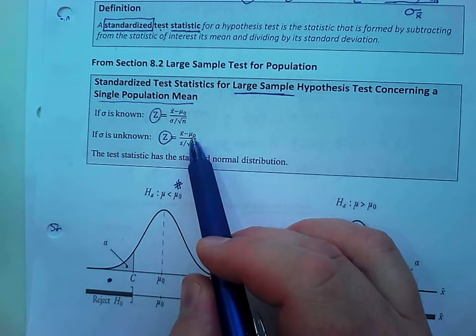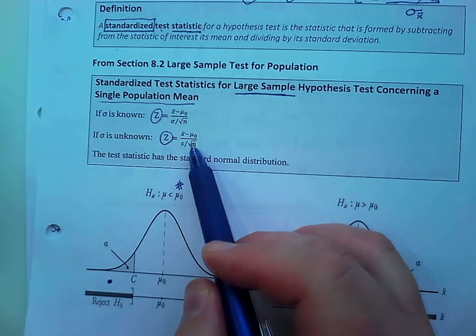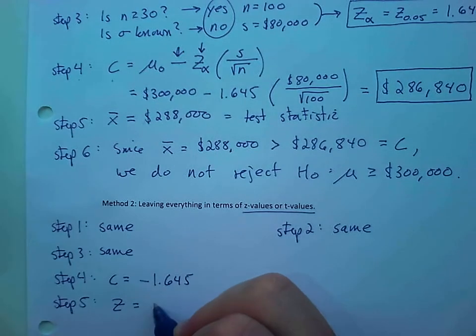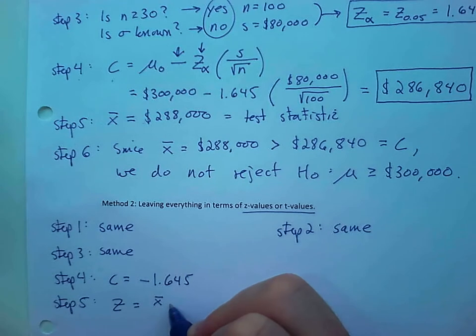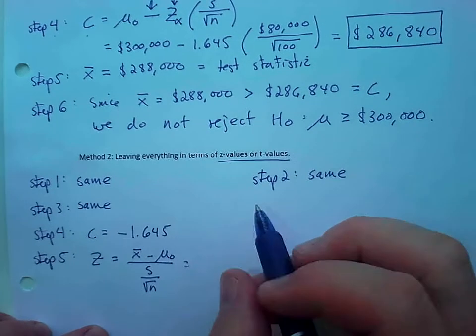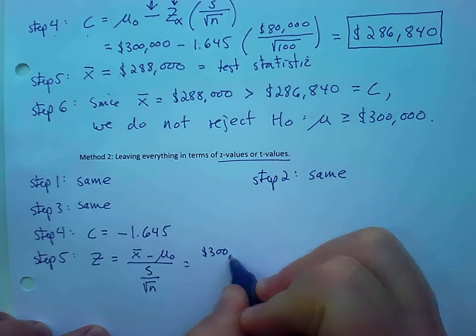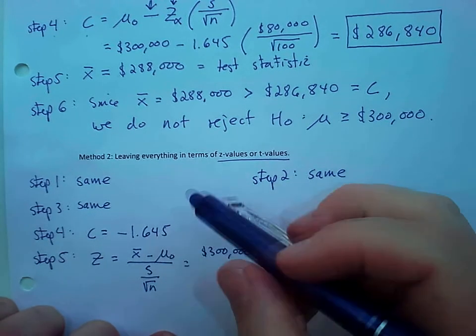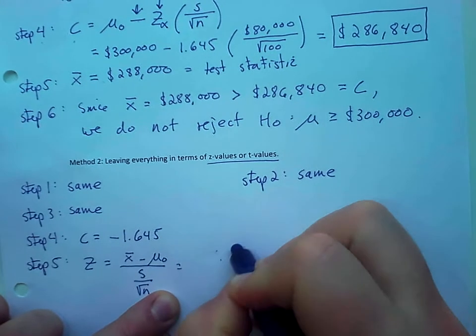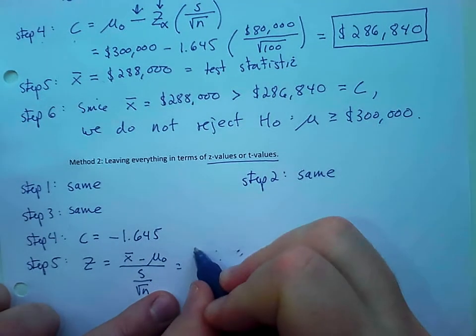Showing you guys again where we're getting that in the notes. So I'm going to copy down this formula right here, which is z is equal to x bar minus mu sub naught divided by s divided by the square root of n. We've already said that x bar is our hypothesized value, which is $300,000. Oh, I'm sorry. X bar is our sample average, which is $288,000.